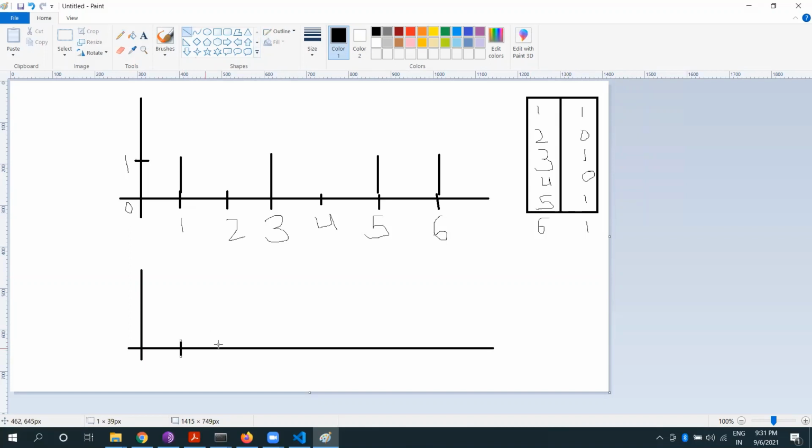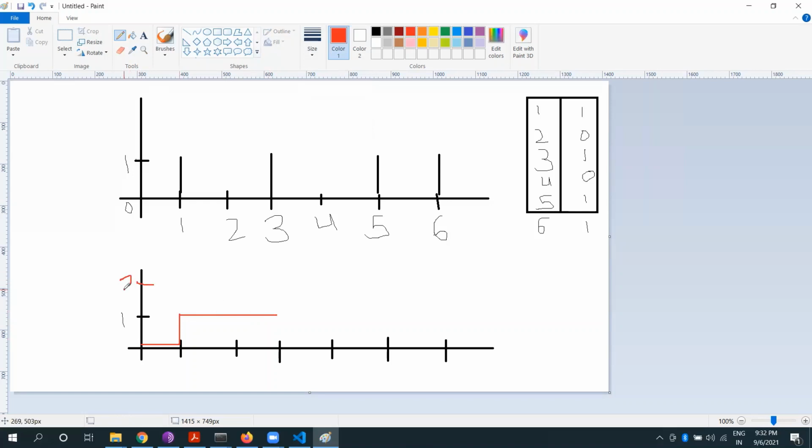This is 1, 2, 3, 4, 5, 6. So we have this, which is 1. Over here it is 0, so 0 till here, then 1, then it continues to be 1, then we add 1 to it.